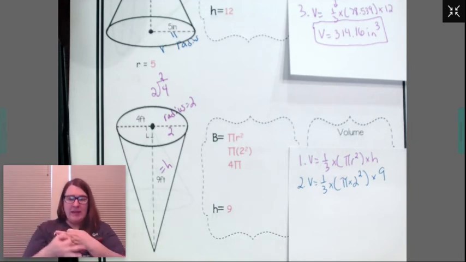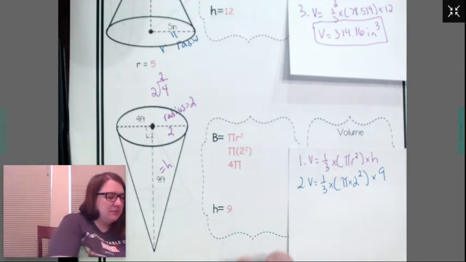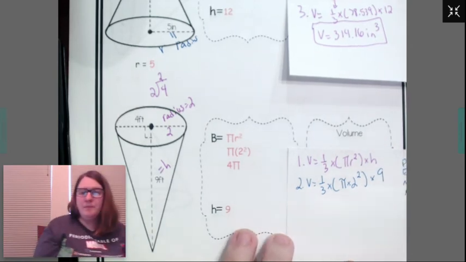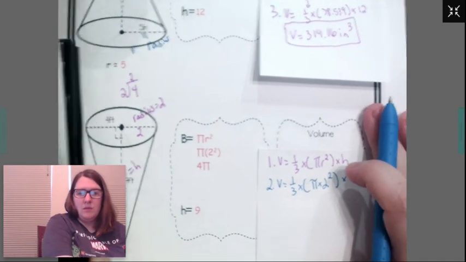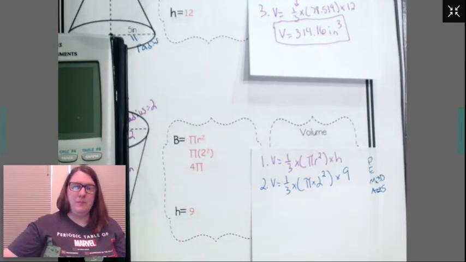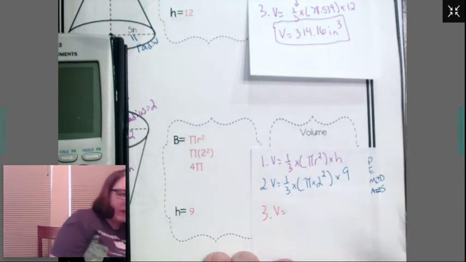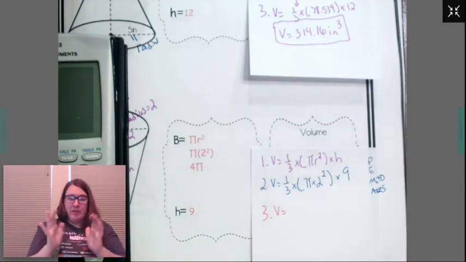We've replaced our variables with numbers. Now we're going to solve using order of operations. Okay, I need to do my parentheses first because of PEMDAS.